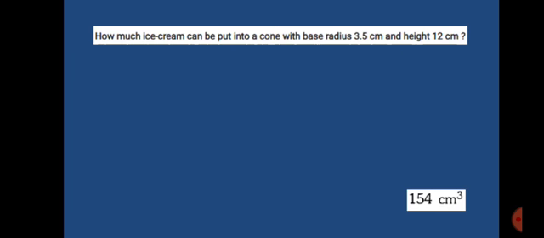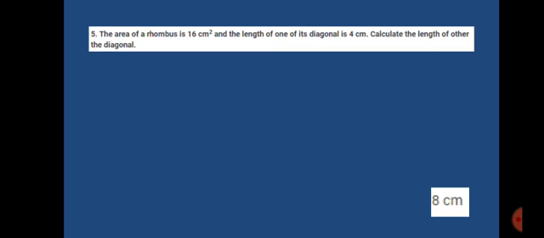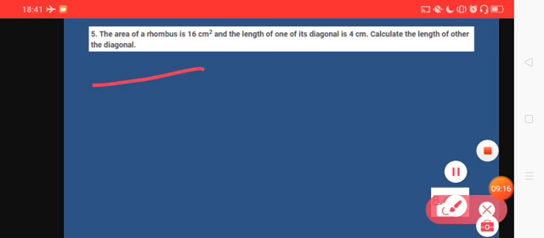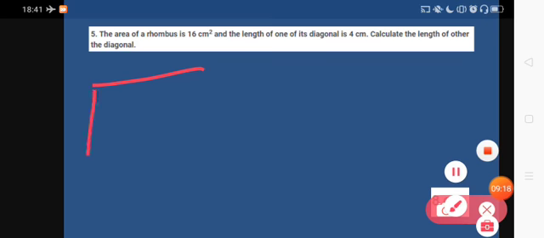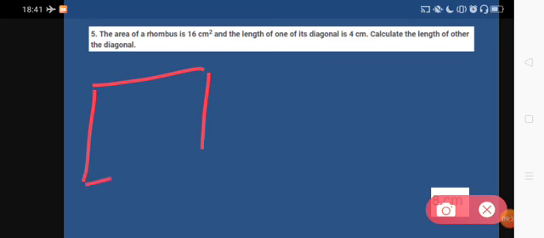Next question. The area of a rhombus is 16 centimeter square and the length of one of its diagonals is 4 centimeter. Calculate the length of the other diagonal. What is a rhombus? A rhombus is a little like a square.